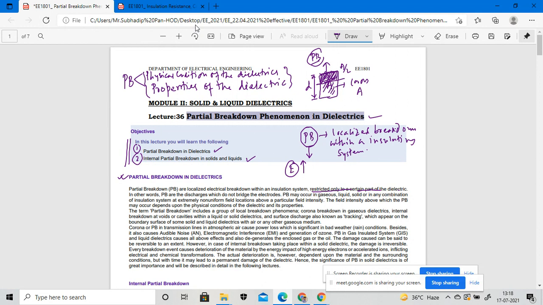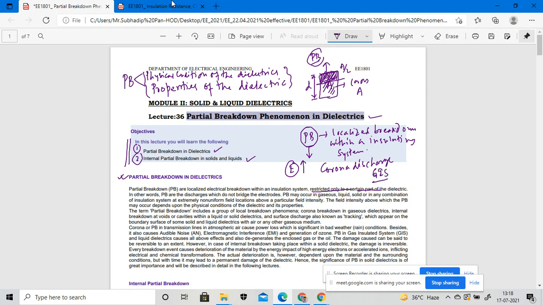We can also say that partial breakdown in the gas insulating system, also known as GIS, the gas insulated system, includes corona discharge as well.